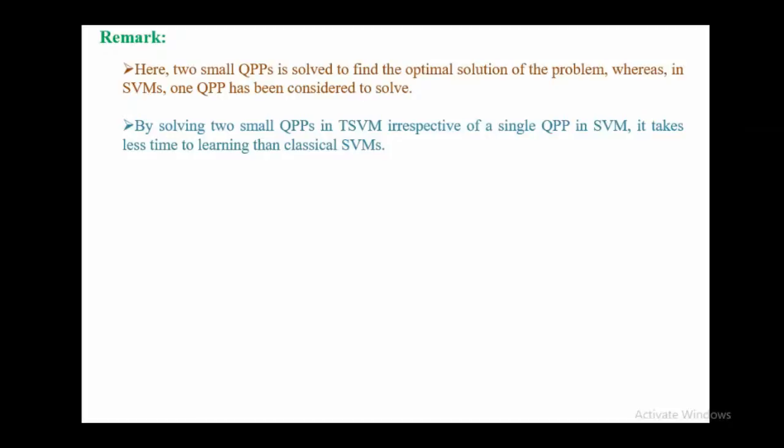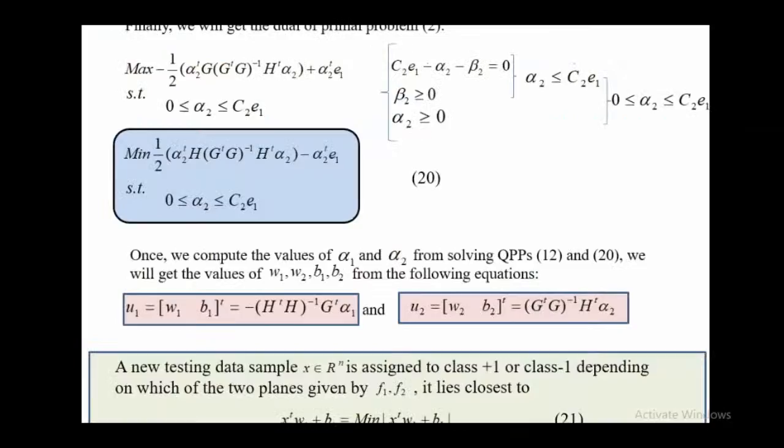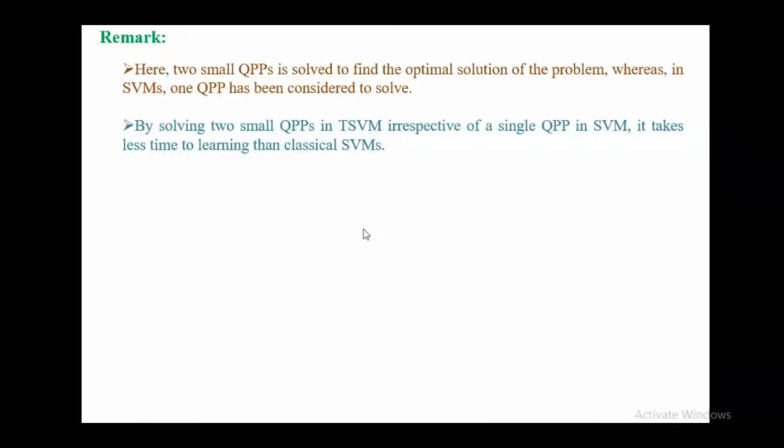So we have smaller QPPs in comparison to SVM. If we solve two QPPs of smaller size instead of a single QPP of the full size, the total time will be roughly four times less.